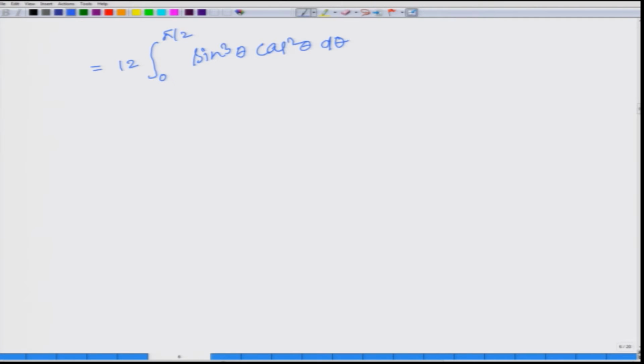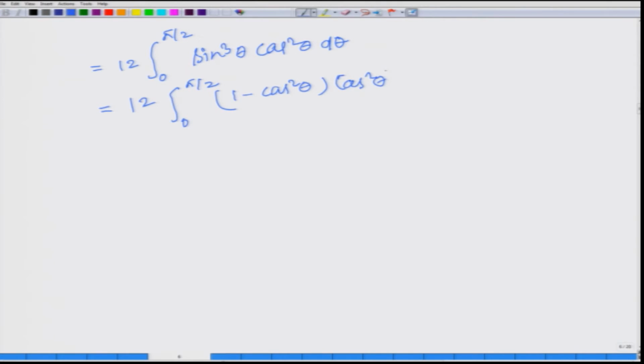Okay. So, to integrate this, what we will do, we will write this in this way, 0 to pi by 2 sin square theta. I will write like 1 minus cos square theta into cos square theta.